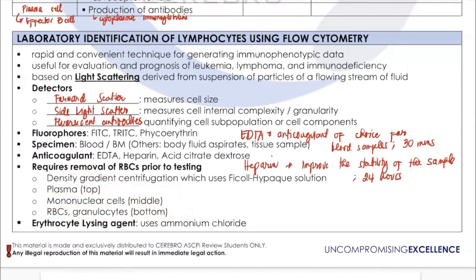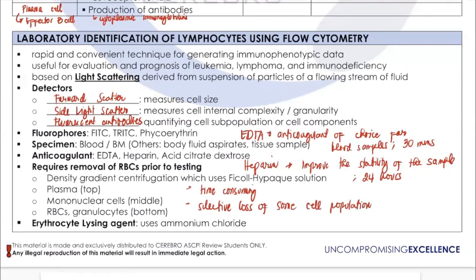However, the problem with the density gradient centrifugation method is that it is time consuming, and it could also result in selective loss of some cell populations.